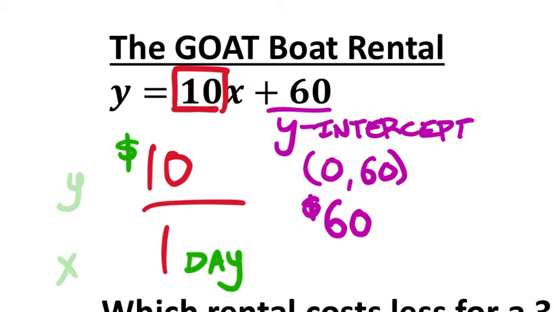That means in this particular scenario, it's some kind of $60 fee, like a rental fee. Maybe it's like a membership fee, something like that, okay? But you got to pay the $60 up front, and then you can take the boat away. And if you're like, you know what, I don't want to take the boat, they keep your $60, okay? I guess in this math situation. I don't know if they would in real life. Okay, but that is the scenario that we're looking at with the GOAT boat rental.